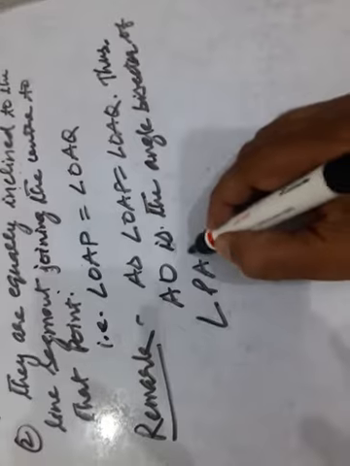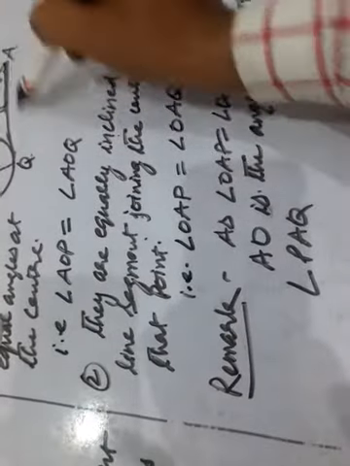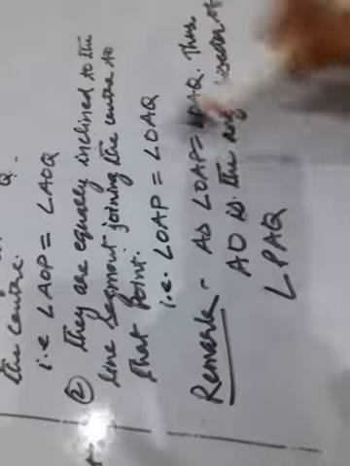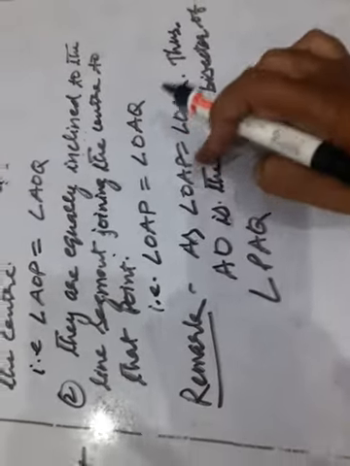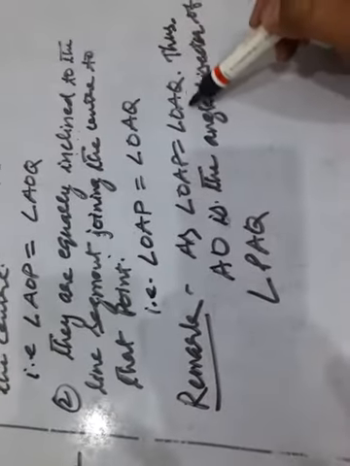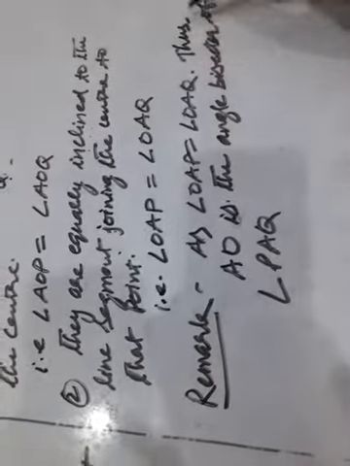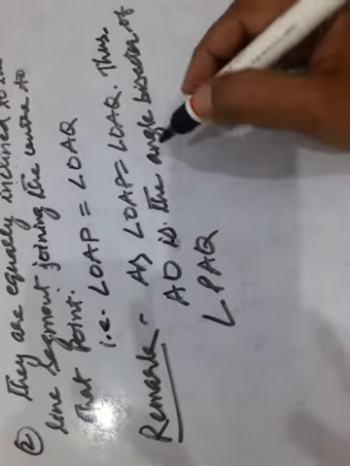Where is PAQ? PAQ means this one, the total angle PAQ. Write down, as angle OAP equals OAQ, this angle equals this angle, thus AO is the angle bisector of angle PAQ. Clear?